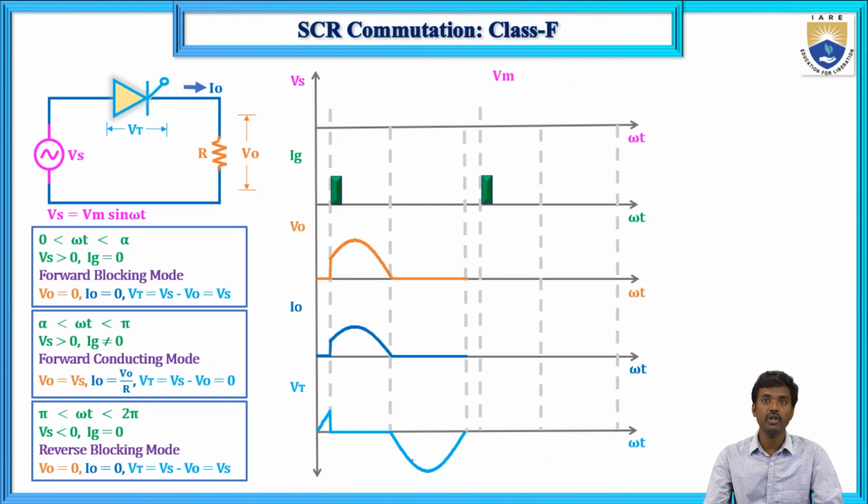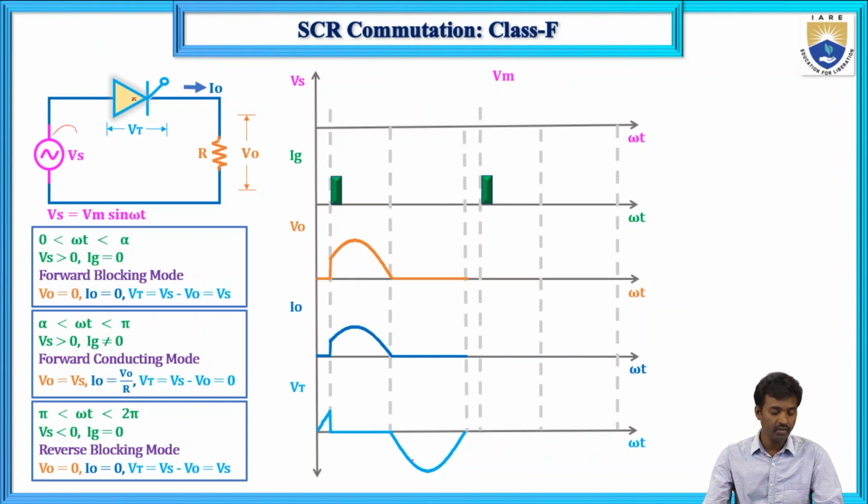For that case, we are using external components like LC, auxiliary thyristors, and sometimes diodes, to turn off the SCR. But in natural commutation, it does not require any external source.